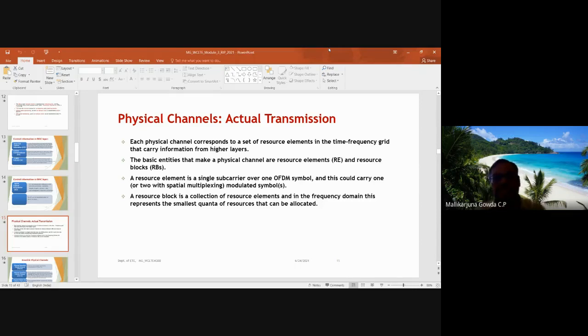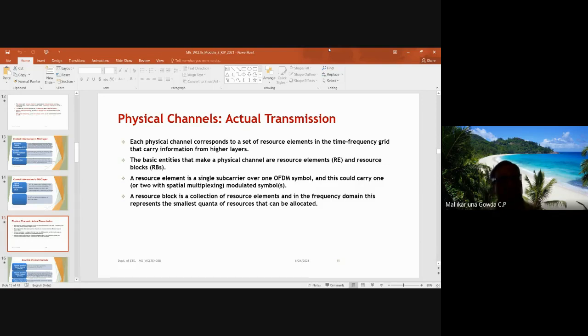And this could carry one modulated symbol, meaning either 0 or 1. Now you should be able to understand, if I use BPSK modulation, though usually we don't prefer BPSK, just to understand, 0 will be transmitted on one subcarrier frequency and 1 on another subcarrier frequency. If I use QPSK, then I use 4 subcarriers for 00, 10, 01 and 11. So you have to visualize now how to utilize the 12 subcarriers.